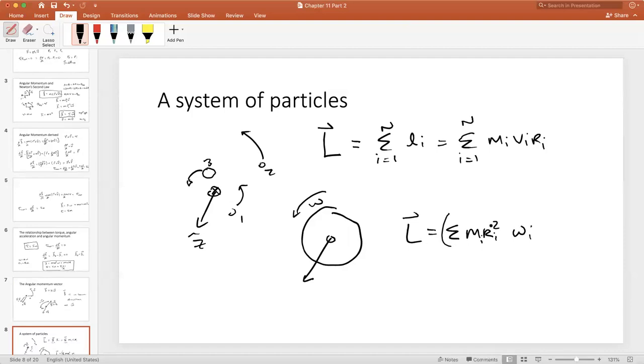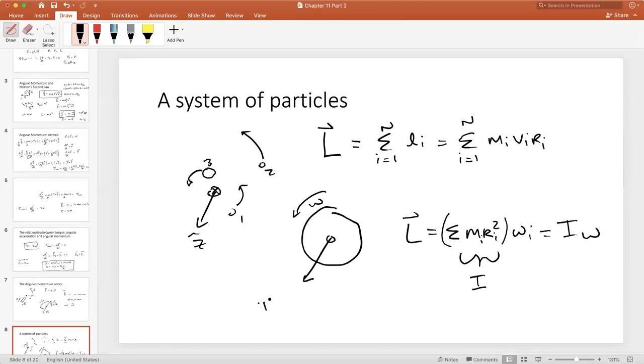But every mass in this wheel turns with the same omega. So omega is just omega. This quantity here is actually the moment of inertia of the system. If you go back and recall, the moment of inertia was the sum of the moment of inertia for every particle. So what we get is I times omega for the object.